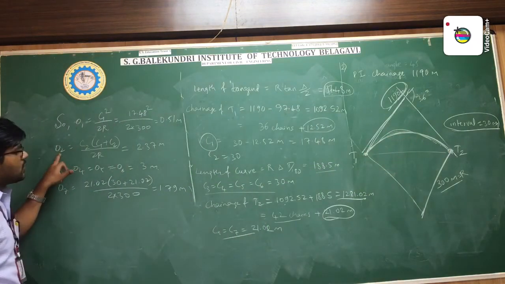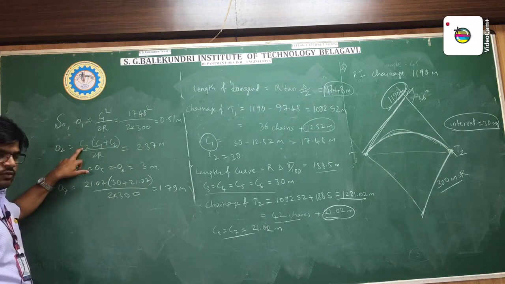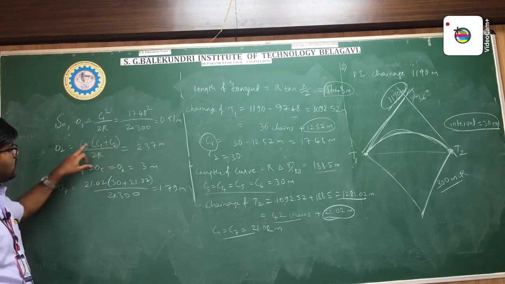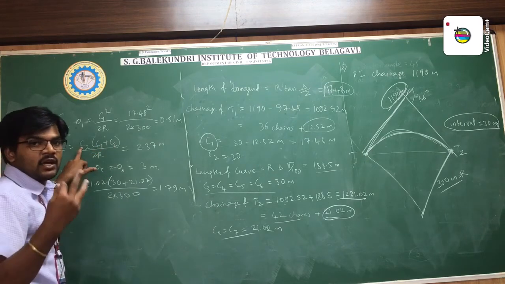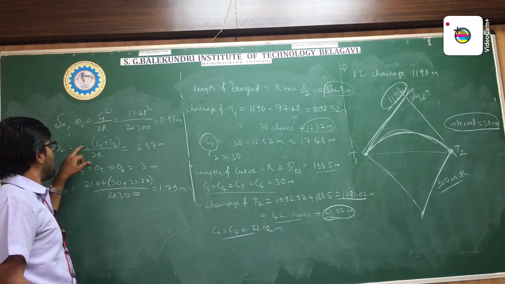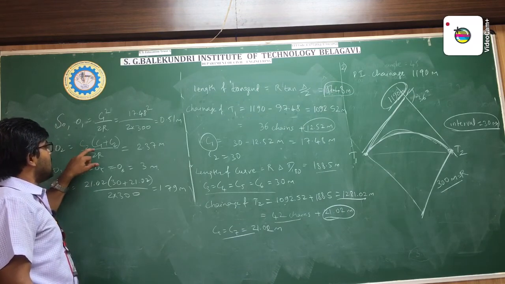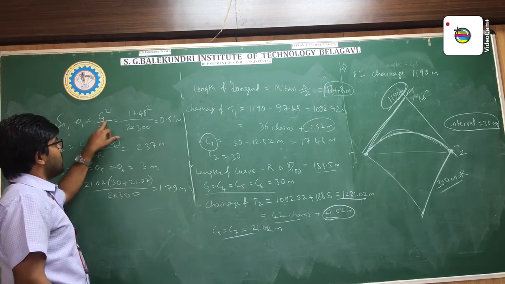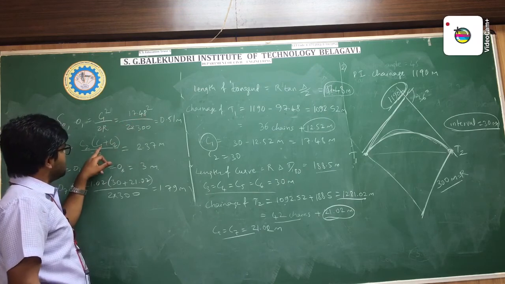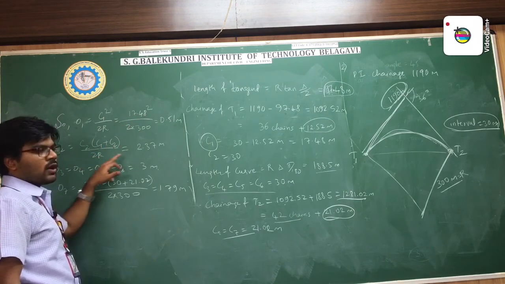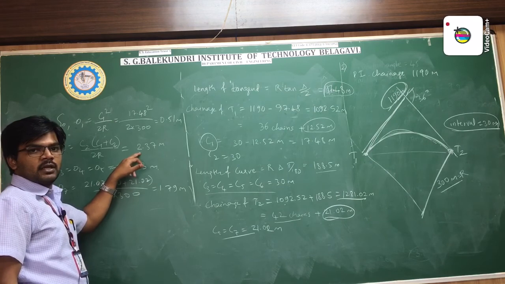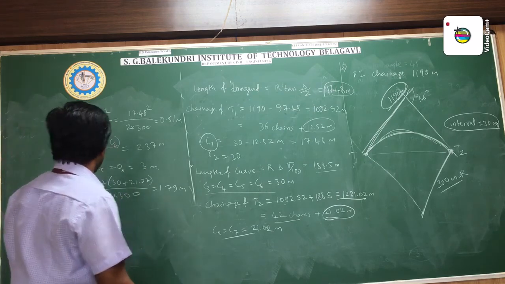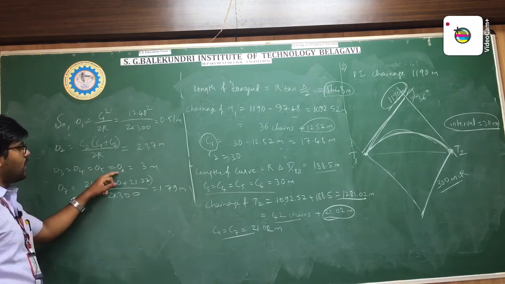Like that, ordinate 2 is C2 divided by 2R into C1 plus C2. C2 is the second chord, or normal chord, 30 meter, and C1 is the previous one, 17.48, so 17.48 plus 30 divided by 2R. You will get 2.37.